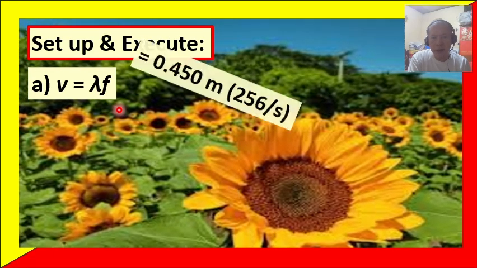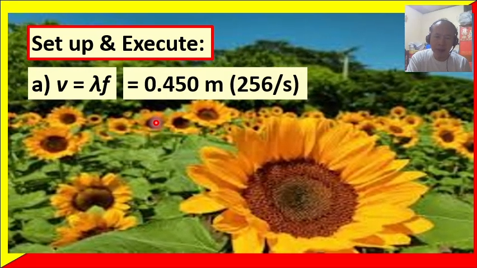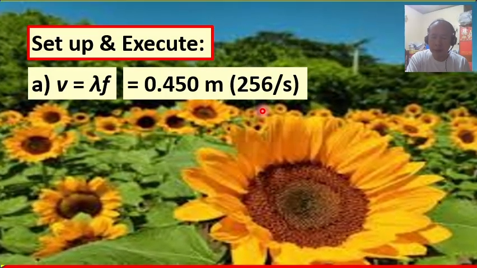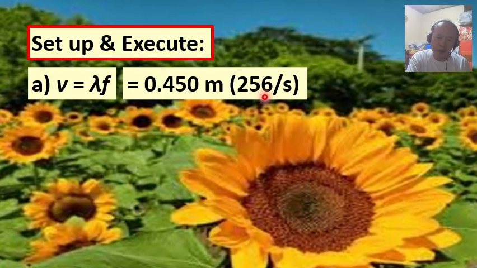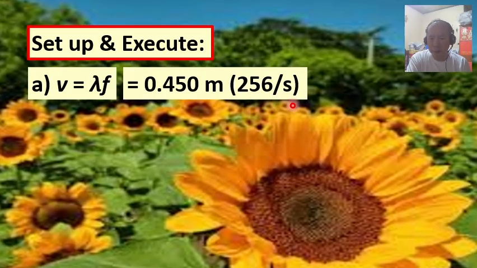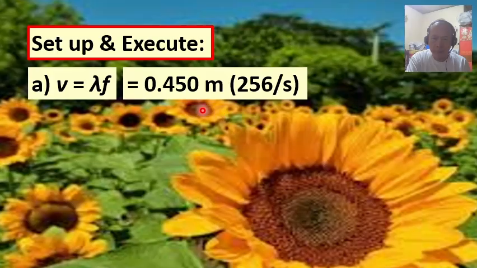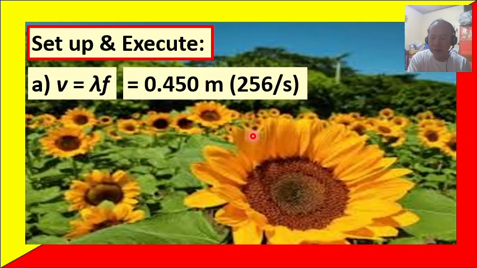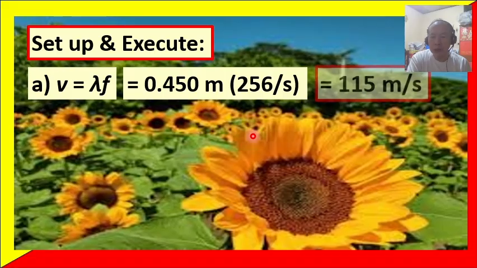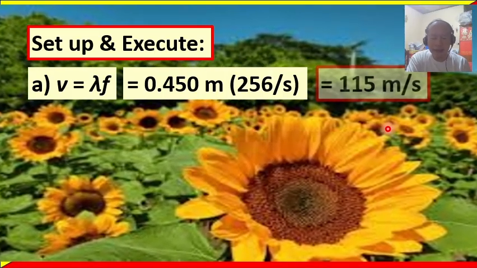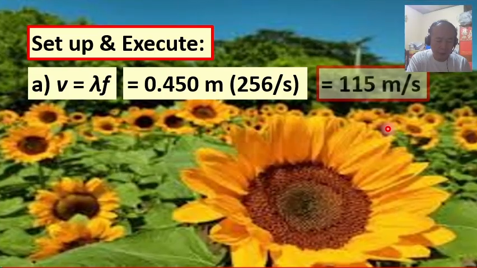That is, speed v is equal to 0.450 meters multiplied by the frequency 256 hertz, which can also be written as 256 per second. So when we do our math, we get the speed v of the wave equal to 115 meters per second in three significant figures.